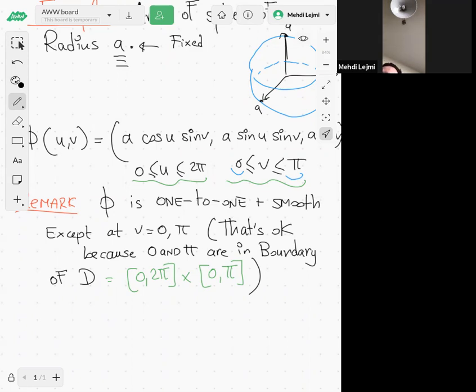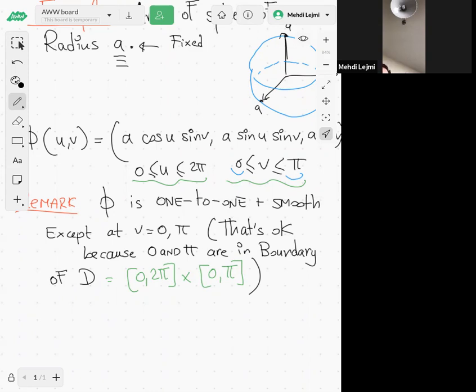In the homework, or in the test, I'm going to make sure that the parameterization is 1-to-1 and smooth. If you have to compute the area or something, okay.